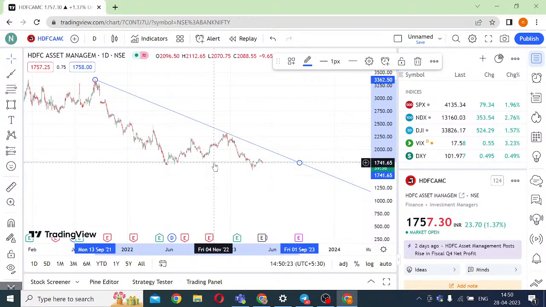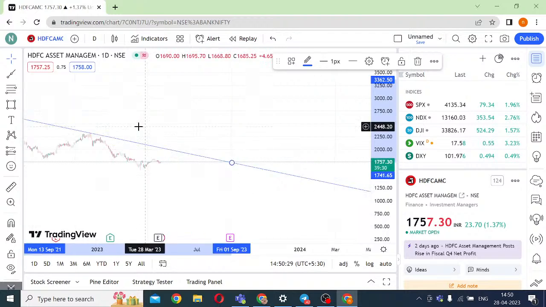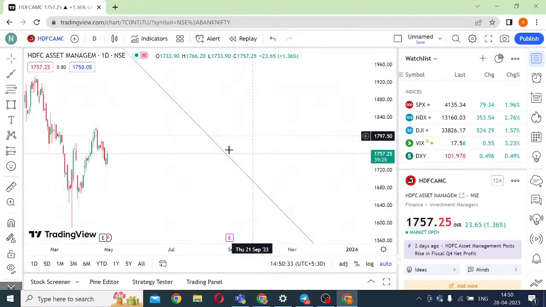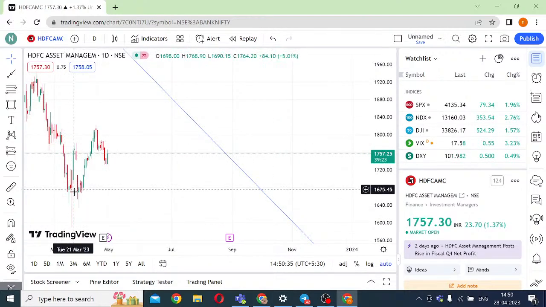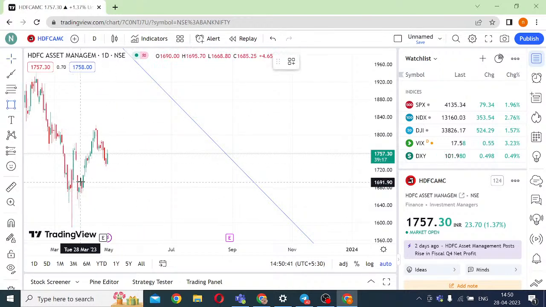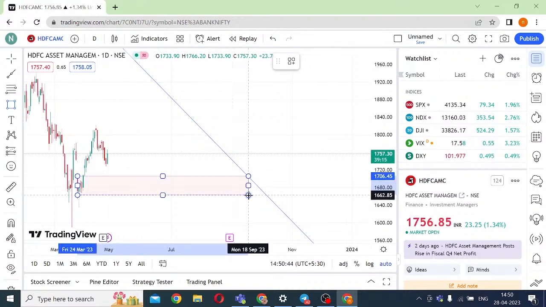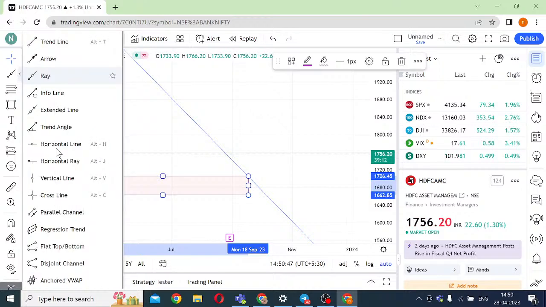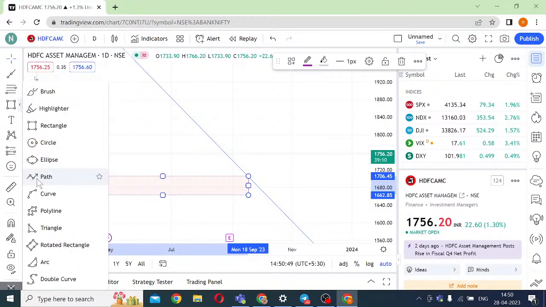If you see, this support was taken out, this was swept out. This is a good candle formed, these two candles, one and two. I would at this point of time wait for some sort of confirmation between these two levels for me to actually go long on HDFC AMC.